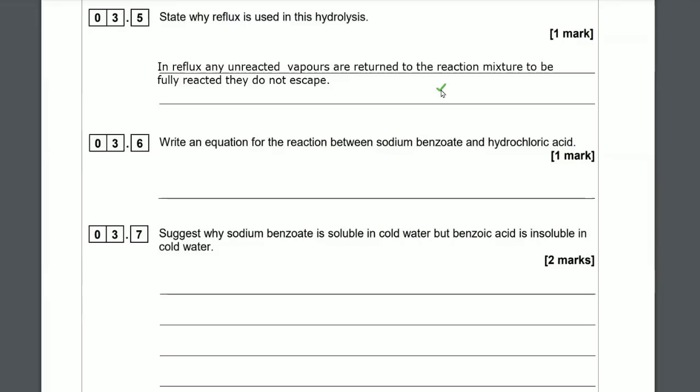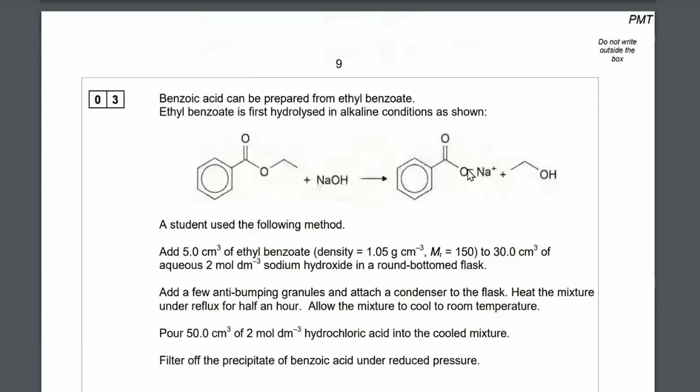Now, 3.6, write an equation for the reaction between sodium benzoate and hydrochloric acid. Let me look at my sodium benzoate. How many carbons have I got? 1, 2, 3, 4, 5, 6, with the carboxylate group coming off, 2 oxygens and a sodium ion.